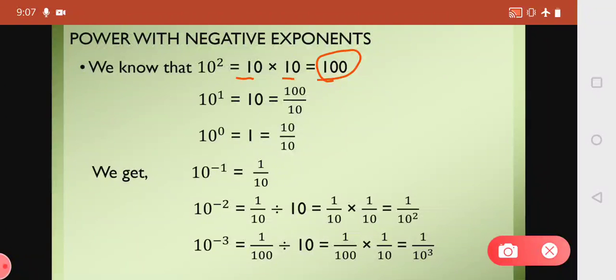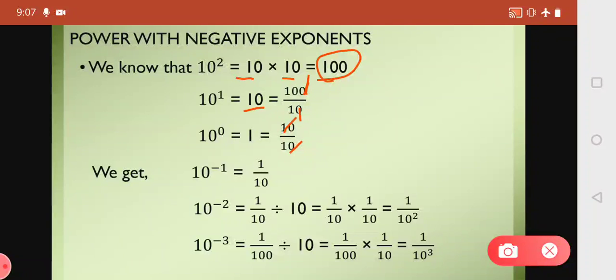Similarly, 10 raised to 1 is 10 only. You can express it as 100 upon 10, where the zeros cancel and we get 10. Or 10 raised to 0 equals 1. We have learned the law that any base raised to 0 is always 1. That 1 we can again express as 10 upon 10, because the 10s cancel and we get 1.